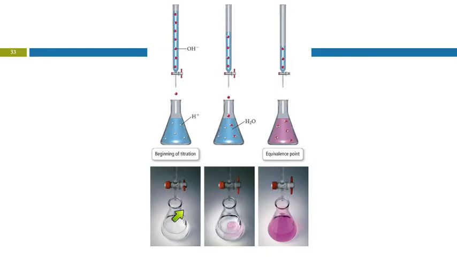So it was clear, it was getting a little pink, but when we swirled it, it goes away, and then we get to the point where even a fraction of a drop changes it from colorless to pink. And that's our closest estimation of the equivalence point.